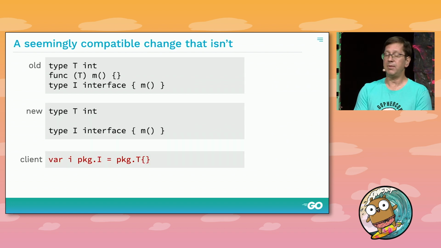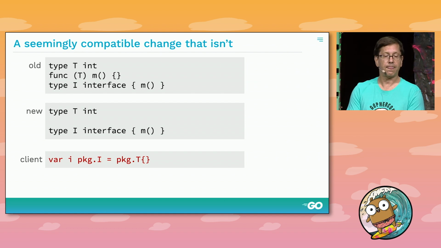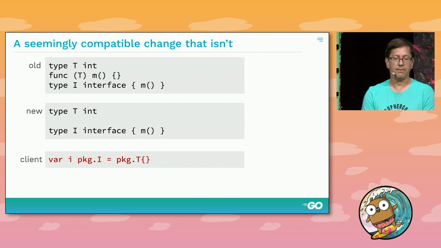There's one more compatibility rule. This one isn't about individual types, but how they fit together in the package. Here we have a type T that implements an interface I. We then change T by removing an unexported method. That is a compatible change to T. You can do anything you want with unexported methods.